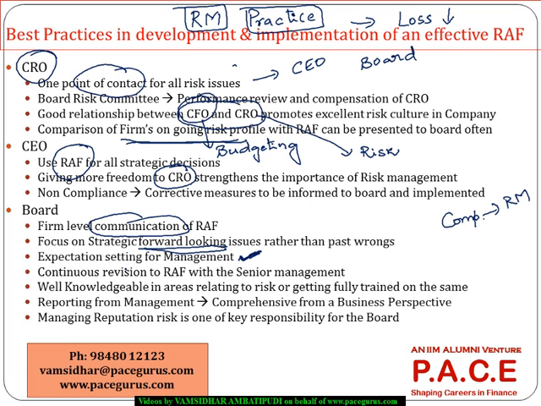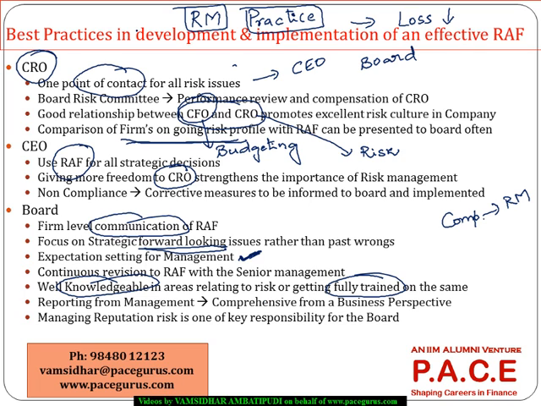But the required thing is, the board should be fully knowledgeable in the area. At least a few key members of the board should have the relevant knowledge and work experience with respect to risk management. Otherwise it becomes a top priority that they be fully trained so that they can take better decisions with respect to risk management.